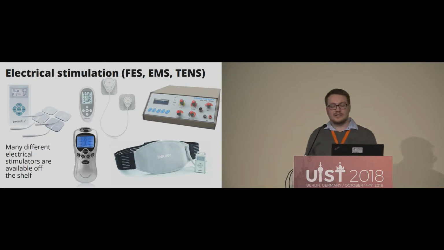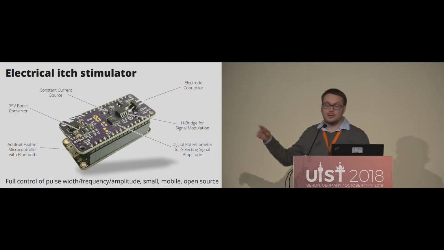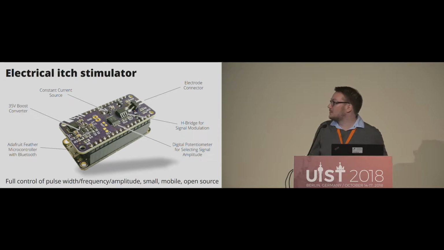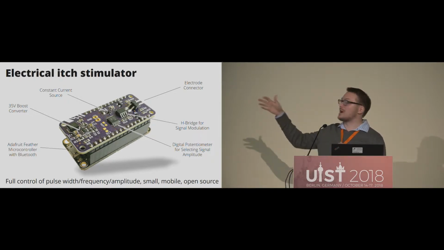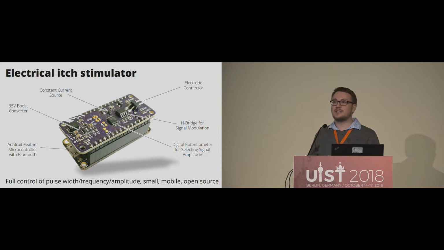And also we wanted to see, can we make this into something that is more of a wearable form factor? So we built this thing here, which is a really simple electrical stimulator. And it just snaps on one of those Adafruit boards, so it's kind of like an Arduino. And then it has a boost converter stage. And then we have a current regulating stage, so we do constant current stimulation, and then we have an H-bridge output stage.